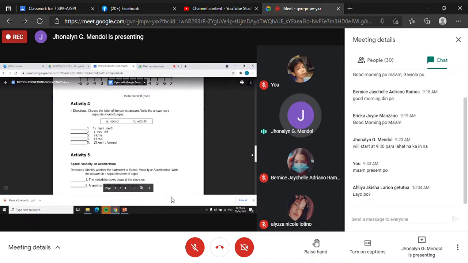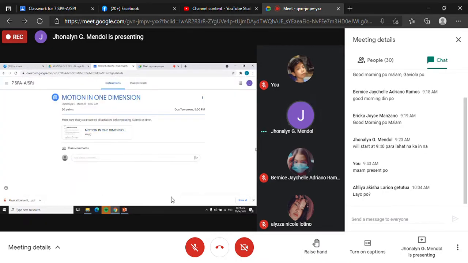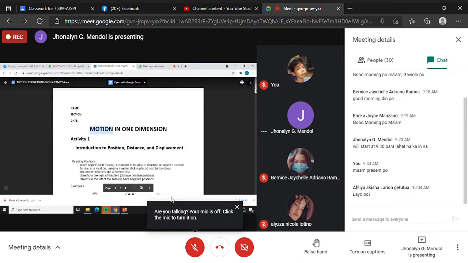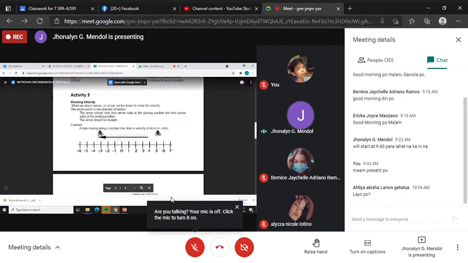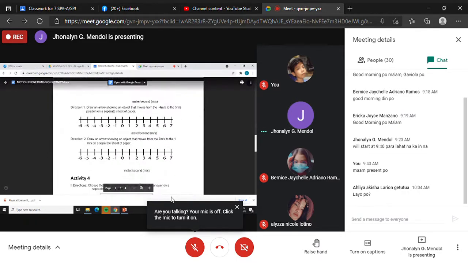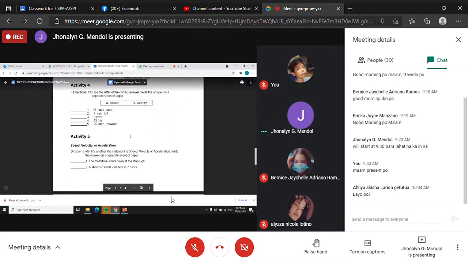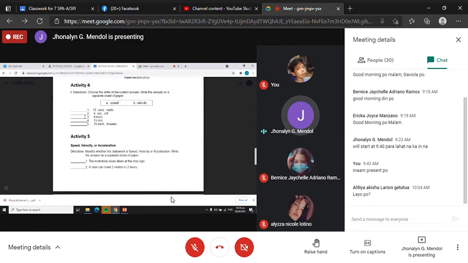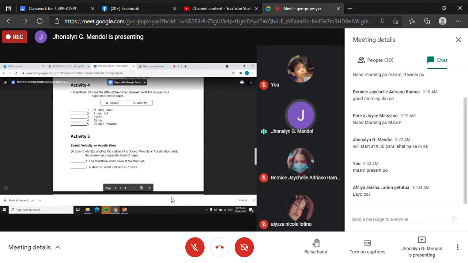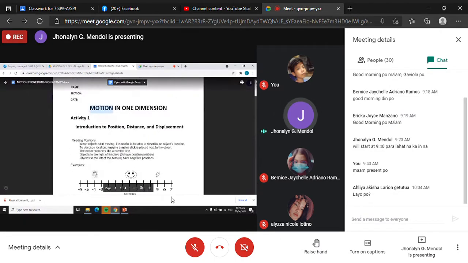Activity 3 is just 2 points. Activity 4, I just have to specify if it's speed or velocity. Then activity 5, all you have to do is answer if it's speed, velocity, or acceleration. So a total of 30 points.